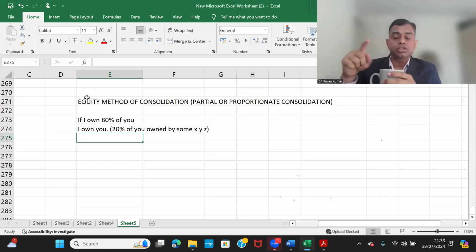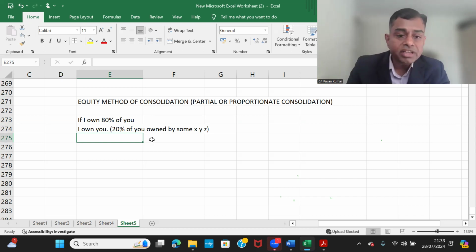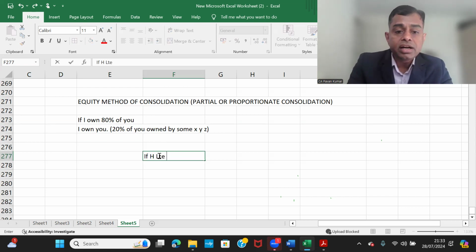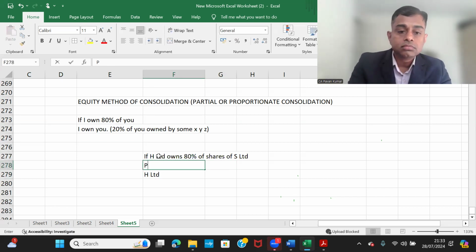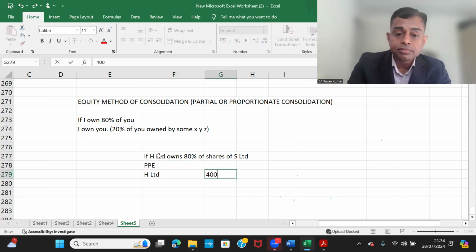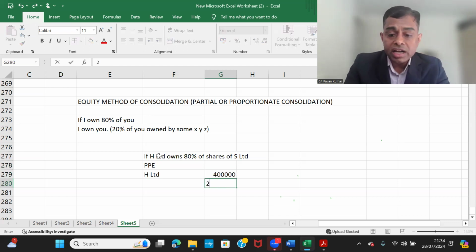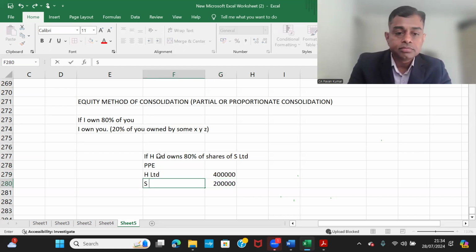I consolidate 100%. So if you look at how we added the cash balance of holding company and subsidiary company, property, plant and equipment of holding company and subsidiary company. So if H Limited owns 80% of shares of S Limited, H Limited property, plant and equipment is 4 lakhs. S Limited property, plant and equipment is 2 lakhs.